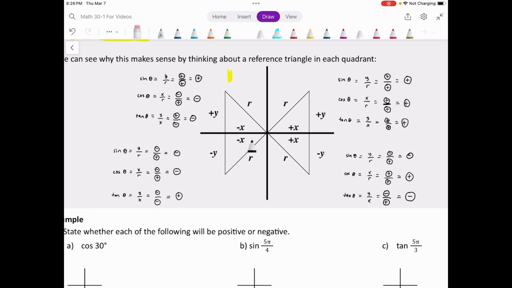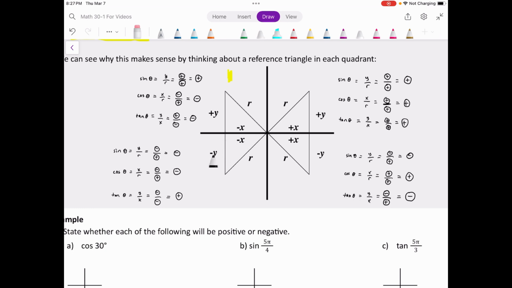So if we think about sine, opposite over hypotenuse, or y over r, well, y is negative, r is always positive. So sine is going to be negative. It's a negative over a positive, y over r. Okay, cos is going to be negative. X is negative. So adjacent over hypotenuse, x over r, is a negative number over a positive number, giving us a negative result.